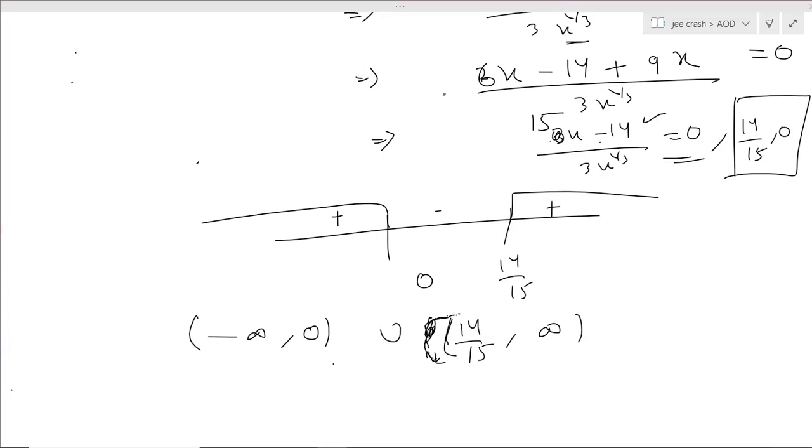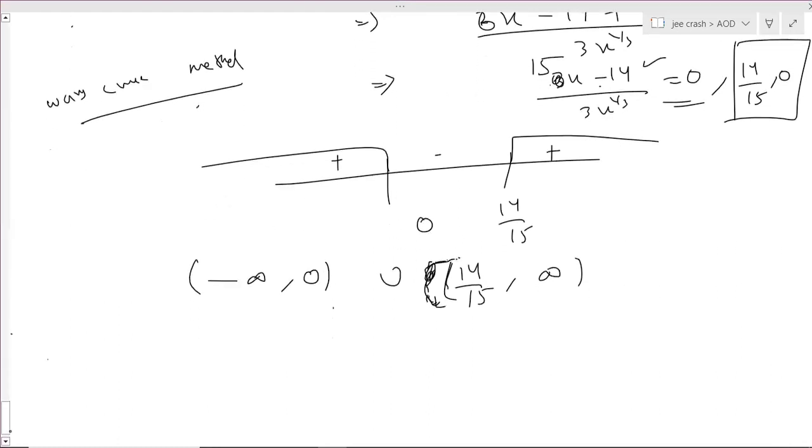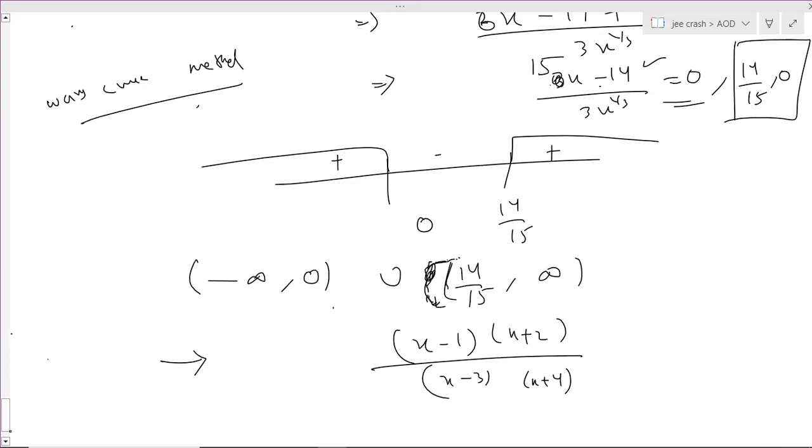So how did you find that this was plus minus plus without substituting? Okay, this is called wavy curve method. All right. I'll give you a quick hint. I'm asking again and again, is everyone clear about wavy curve method, right? See, whenever you see this type of equation, x minus 1, x plus 2, x minus 3, x plus 4, suppose, and this is equal to 0.